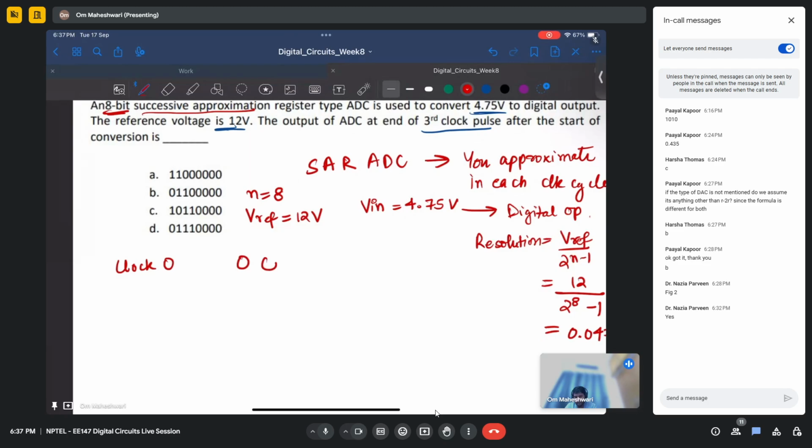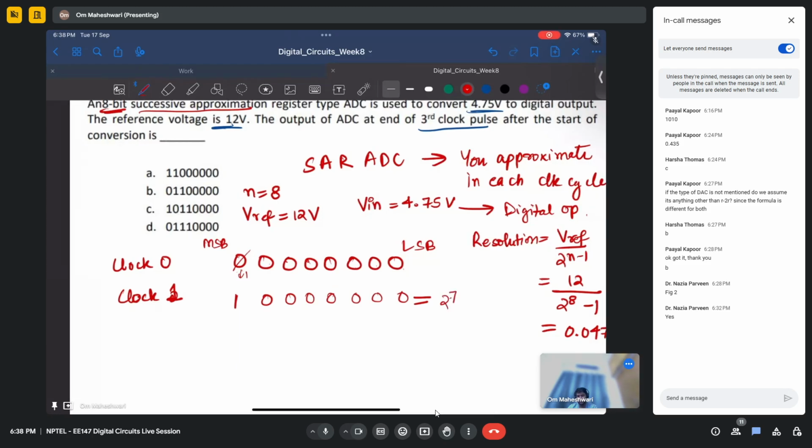Okay, so when you start using this SAR ADC, you start at, let's say, clock equals 0. You start with 8 bits. So these are your 8 bits: 1, 2, 3, 4, 5, 6, 7, 8. This is MSB, LSB. So that is how you start. In the next clock cycle, you will change this 0 to 1, and this corresponds to 2 to the power 7.